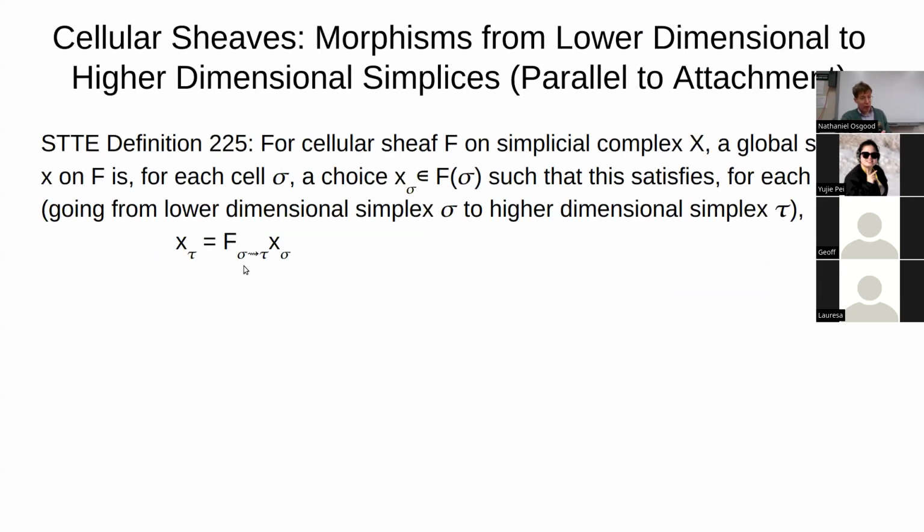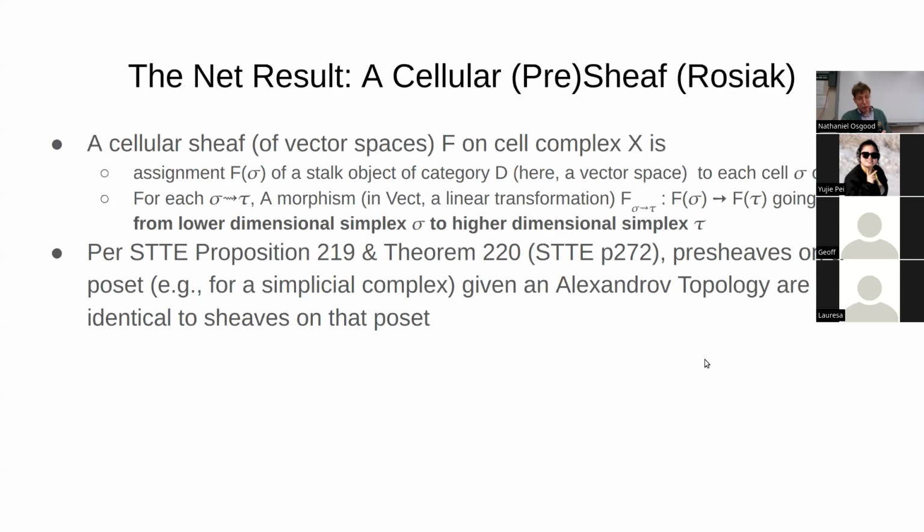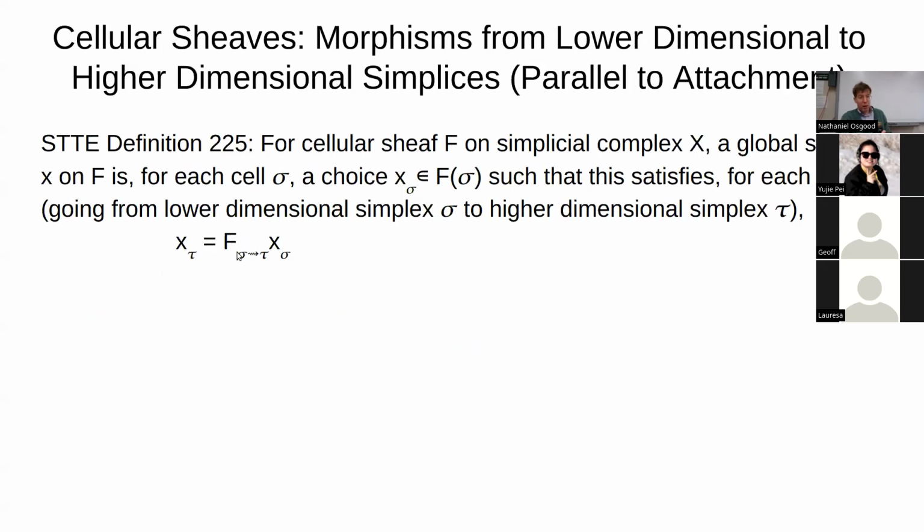And here, what we've written is, if this is a matrix, a linear transformation, this is a vector of data over sigma. So a vector of data here, and we translate it into a vector here. So maybe there's a 4-dimensional vector here, maybe a 2-dimensional vector here, and this is a 2x4 matrix.